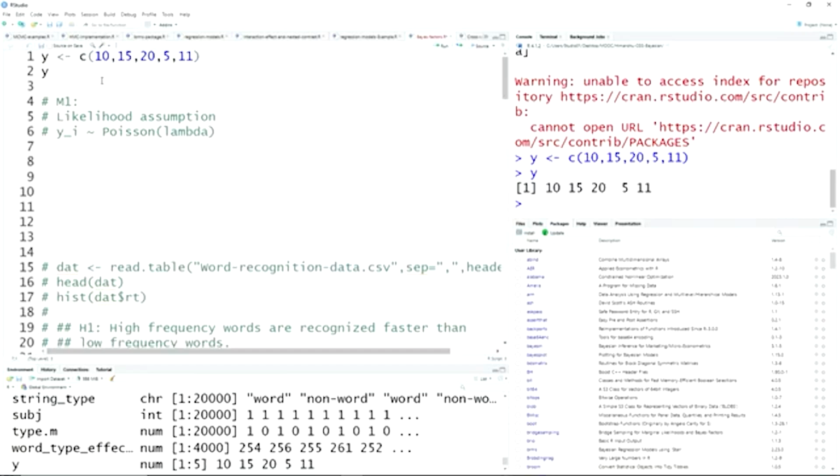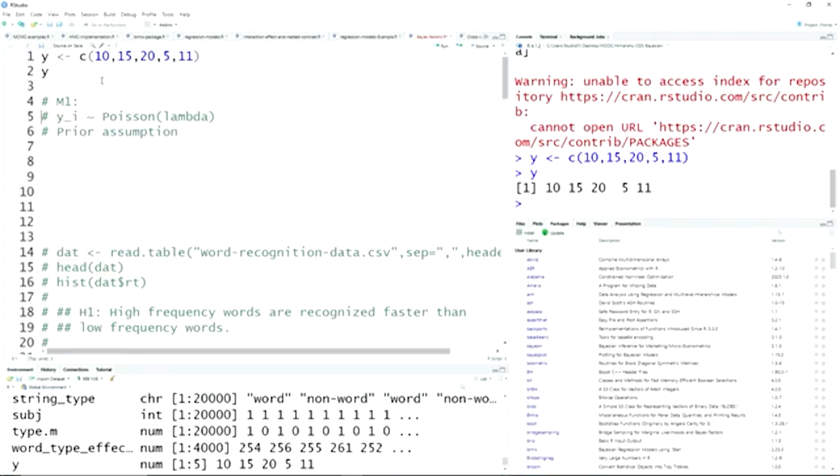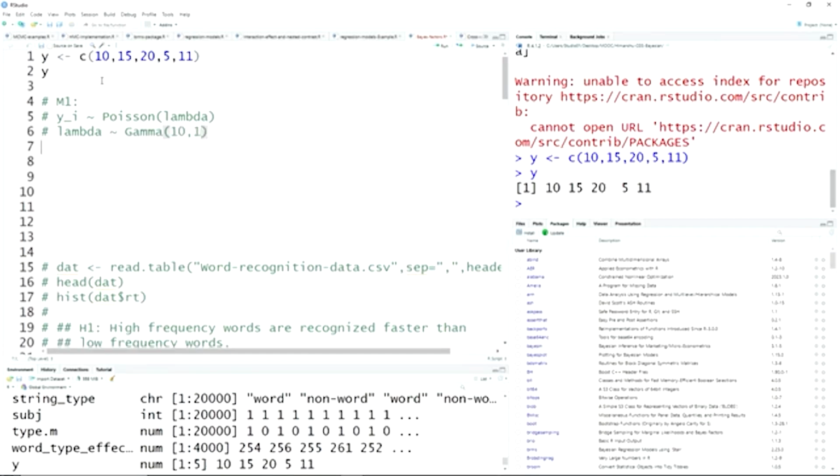So, lambda is the rate of road accidents in the city. Okay, this is the likelihood assumption, and now we are going to write the prior assumption. The prior assumption about lambda is that it comes from, let us say, gamma 1, 1.